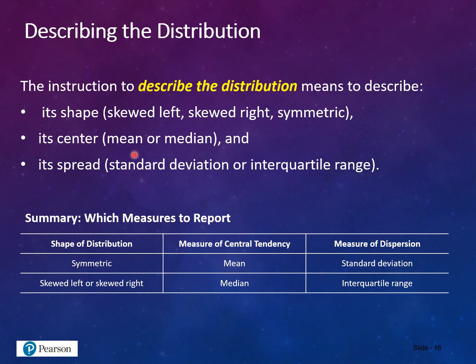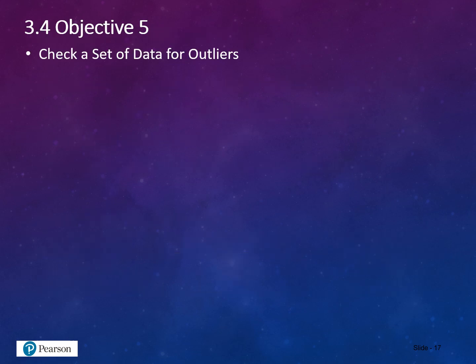Its center, mean or median, and then its spread, standard deviation or interquartile range. And again, this table is really important because it tells you which of the measures to use depending upon the shape of the distribution. But also it's important to remember that when you're describing the distribution, you're describing its shape, its center, and its spread. Our final objective is to check a set of data for outliers.